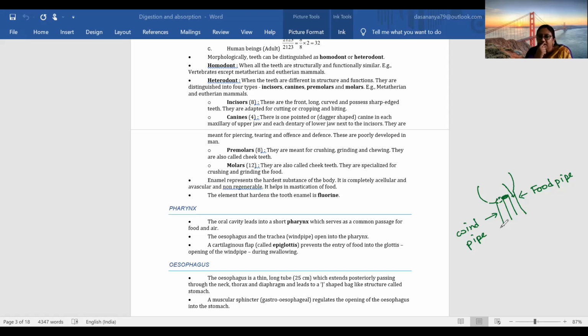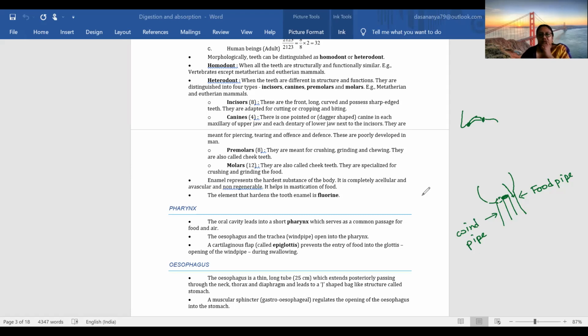These are external nares, acting as a nasal passage, and then there are two pores inside the mouth palate, and these pores are also opening in the pharynx region.